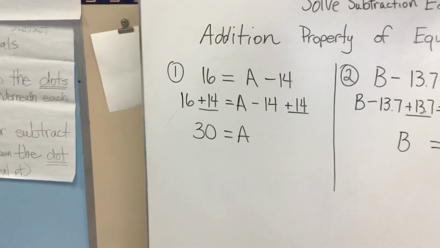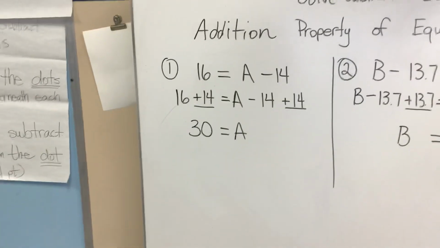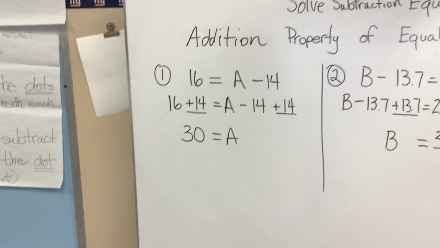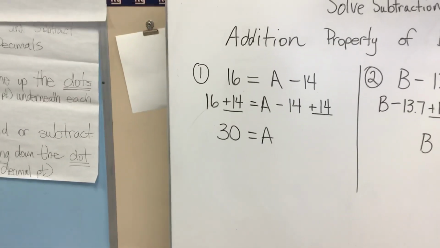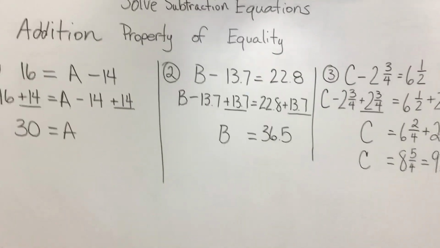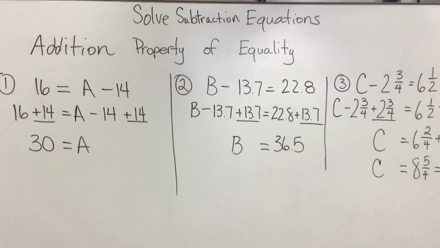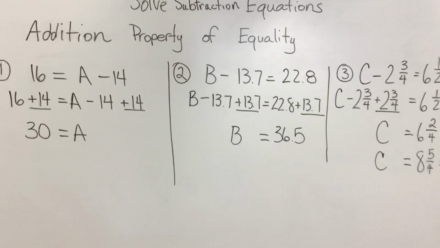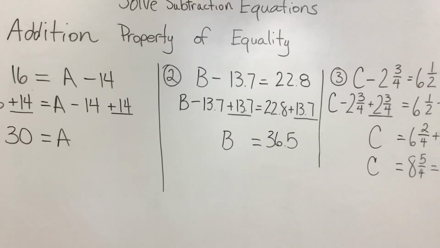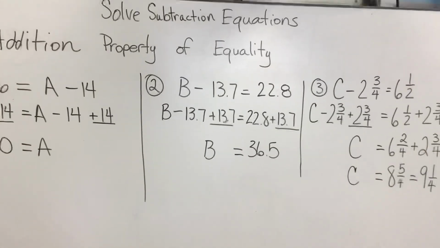I could also understand that as subtracting a from something and then adding 14 to something will give me a by itself. Either way is fine. Number 2, b minus 13.7 equals 22.8. So I add 13.7 to both sides of the equation.